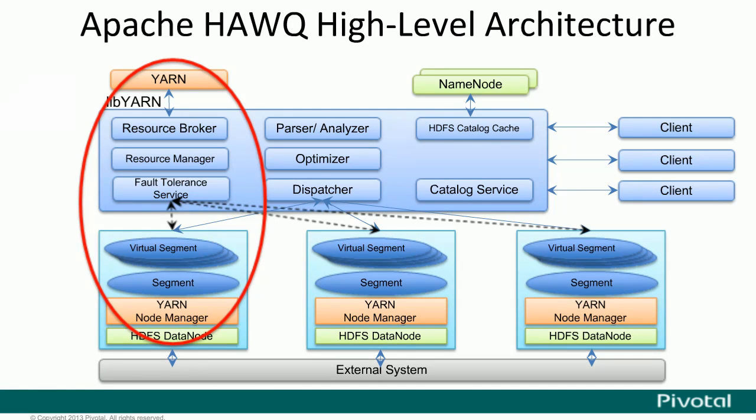That runs alongside things like the optimizer, parser, analyzer, and a catalog cache for the name nodes, so that when I'm allocating resources, I know which nodes to allocate those on. Once I broker those resources, I can start to farm those out and hand them out to the segment servers and the virtual segments within the data nodes themselves to provide resources for queries.